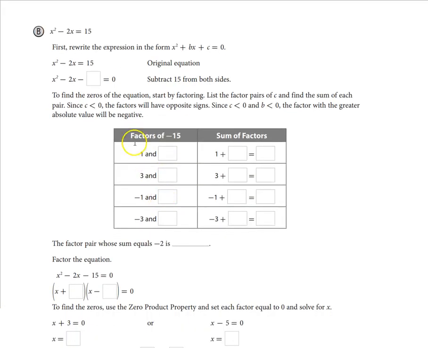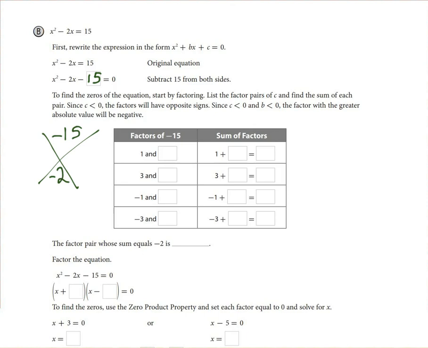All right. So, looking at this one here, the first step is going to be subtracting 15 on both sides to get the right side to have a value of 0. And then we're going to need two numbers that multiply to negative 15 and add to negative 2. So what would those two numbers be?